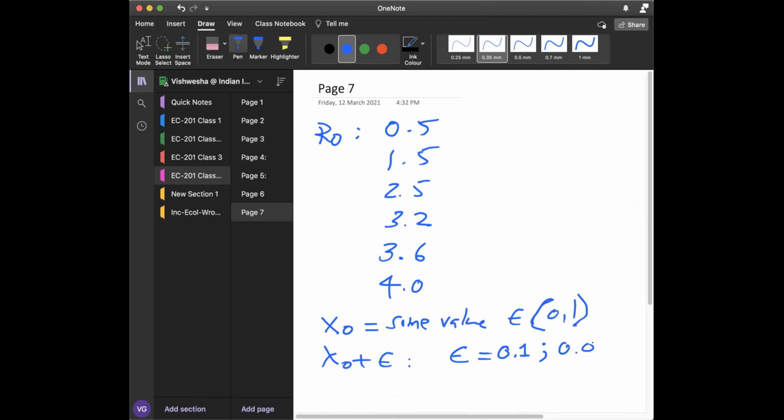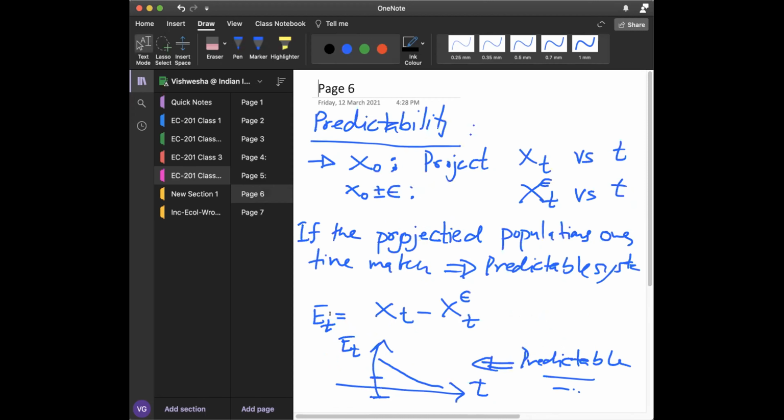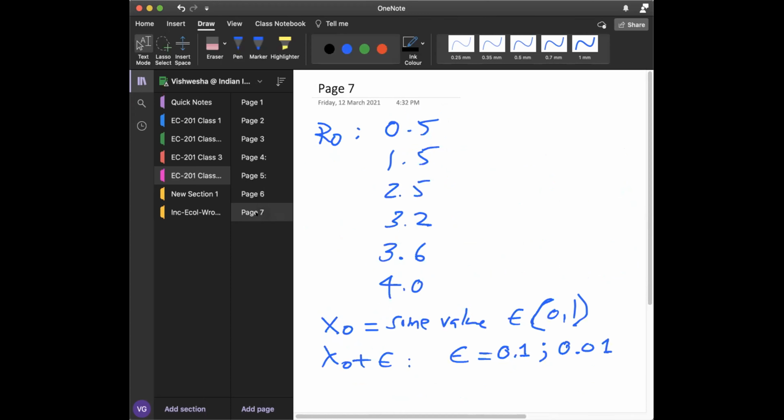And 0.01. Choose these two, and then plot the time series as well. Plot xt versus t, xt epsilon versus t, and then also plot et. Plot all three, for all these values, and verify our notions of predictability. Is that fine?